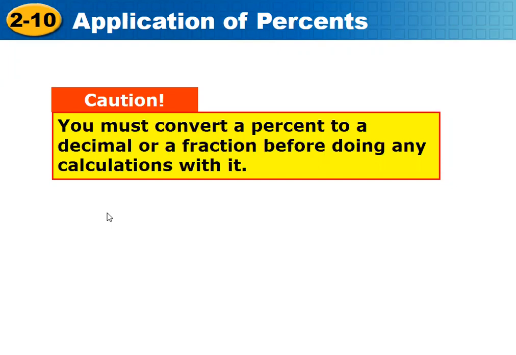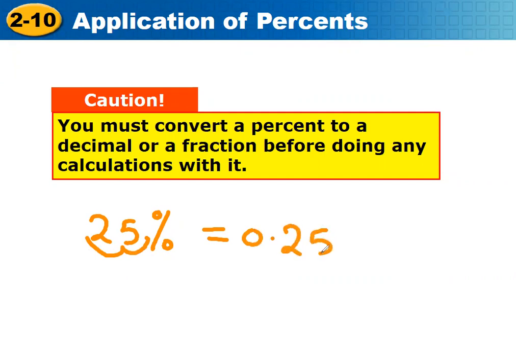Do you remember in the last lesson when I said if you have 25%, let me remind you, and you want to change it into a decimal, we can imagine that we have a point and we want to move it 2 digits to the left, so the answer is going to be 0.25.